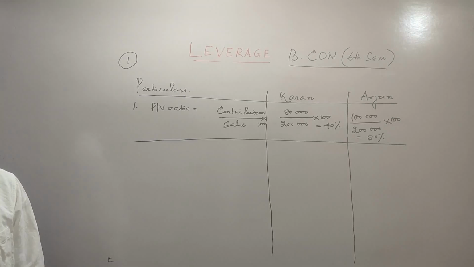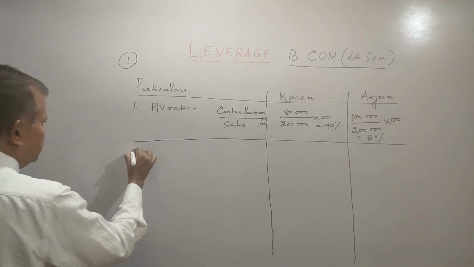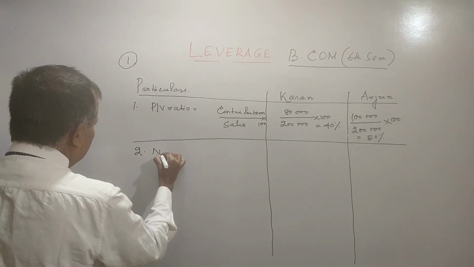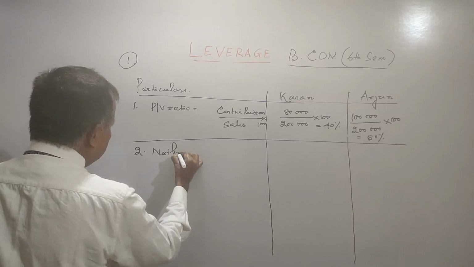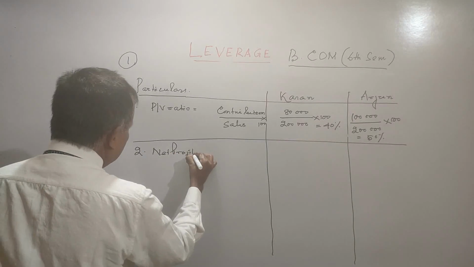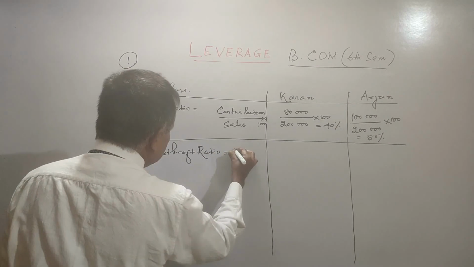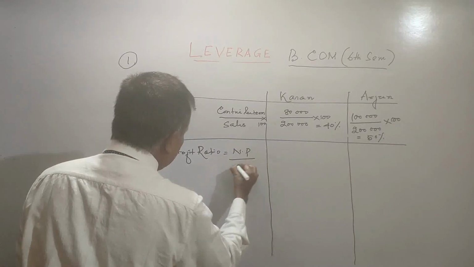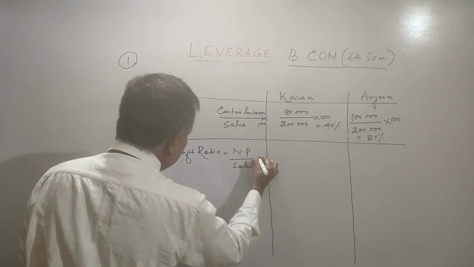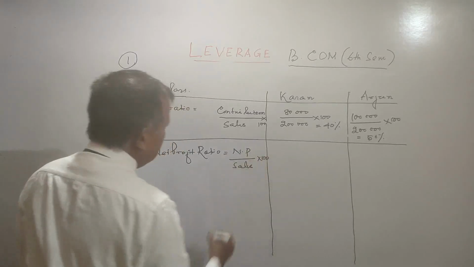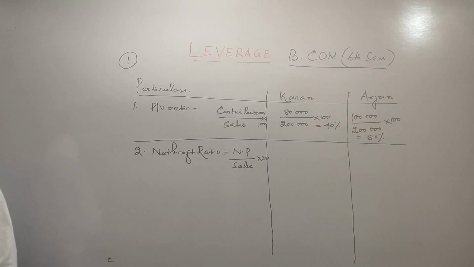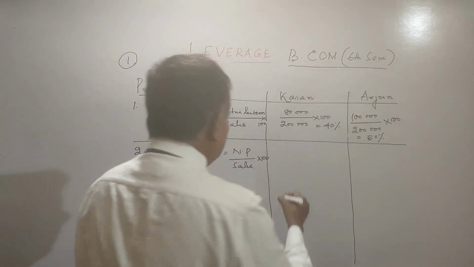Then we are coming to net profit ratio. Net profit ratio, this is net profit divided by sales into 100. The net profit as given in the problem is 50,000.